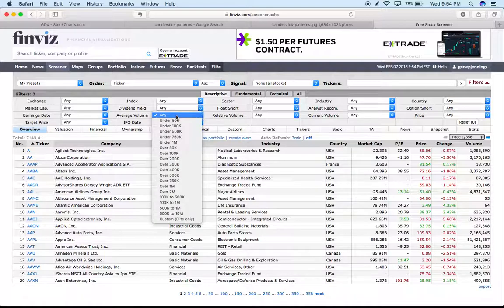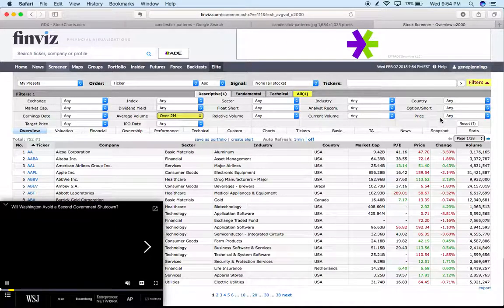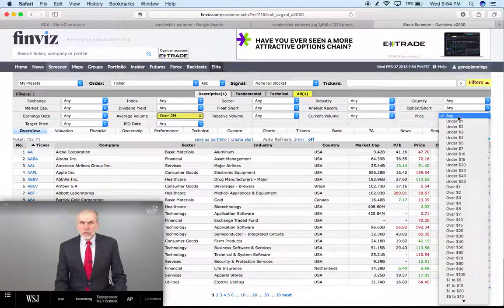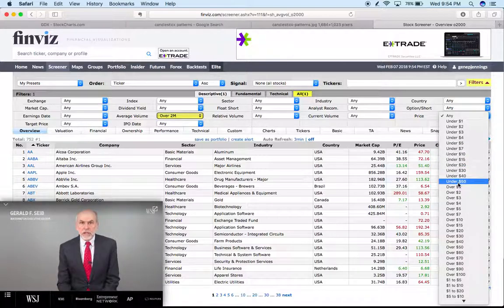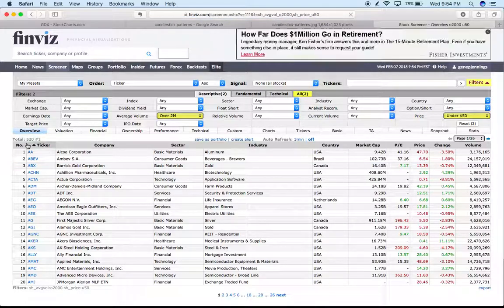Let's say you want to go with some major stocks that trade over 2 million shares a day. You hit that and it narrows it down to 752. And let's say you're just looking for stocks under $50. Now it narrowed it down to 520.